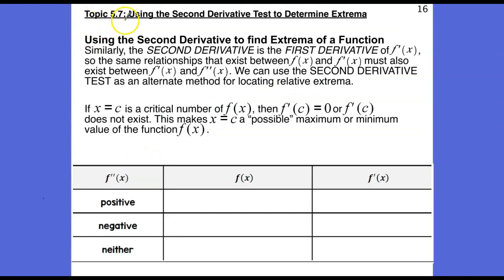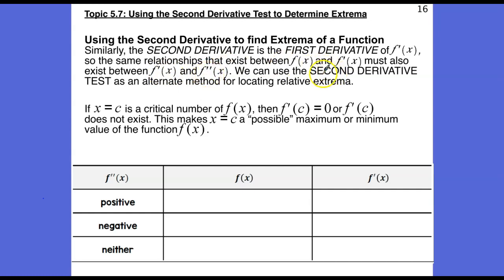Alright, so topic 5.7 is using the second derivative test to determine extrema, and here's how we'll do that. So the second derivative is the first derivative of f prime. So the same relationships that exist between f and f prime also exist between f prime and f double prime.